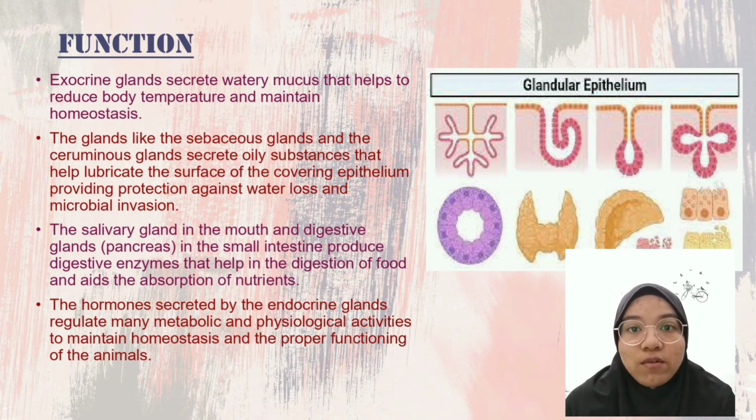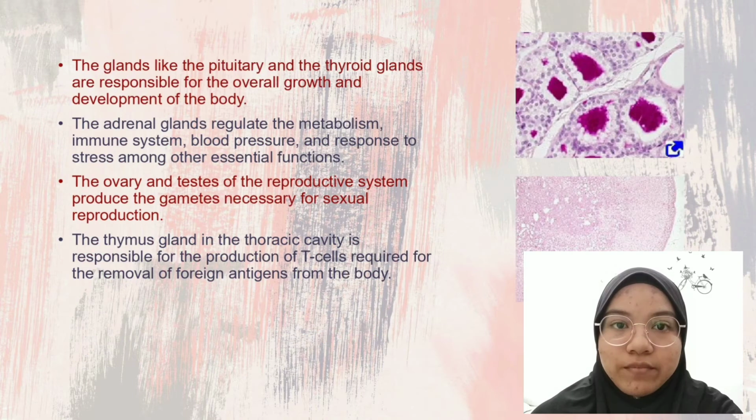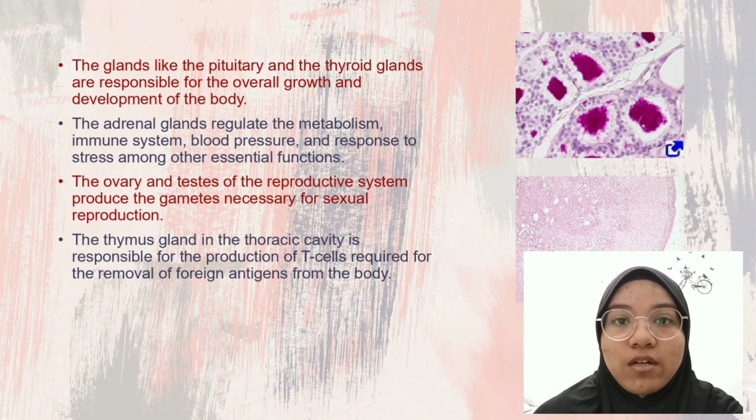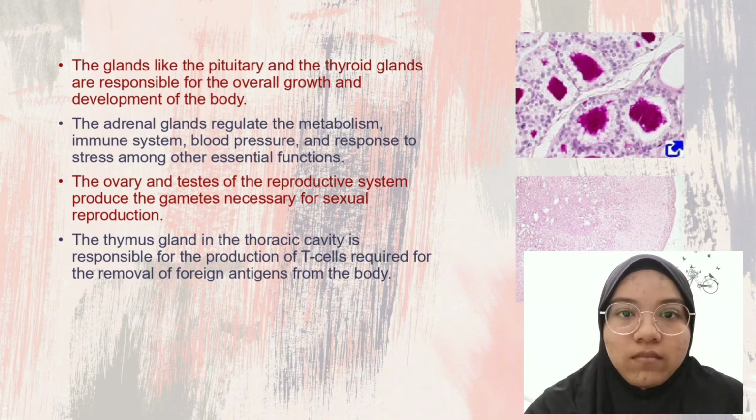And fourth, the hormones secreted by the endocrine glands regulate many metabolic and physiological activities to maintain homeostasis and the proper functioning of the animals. Fifth, glands like the pituitary and the thyroid glands are responsible for the overall growth and development of the body.